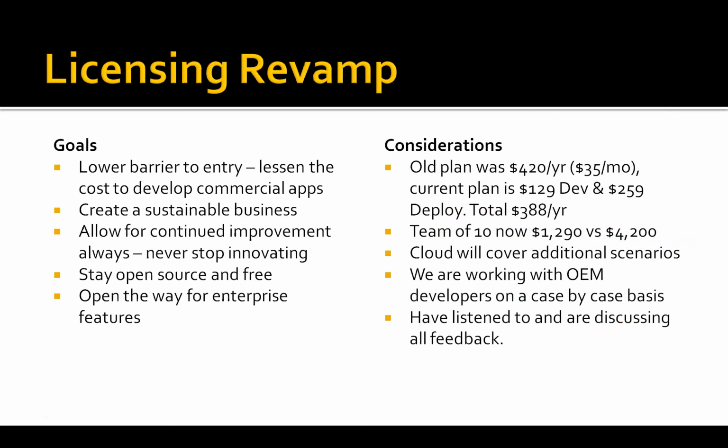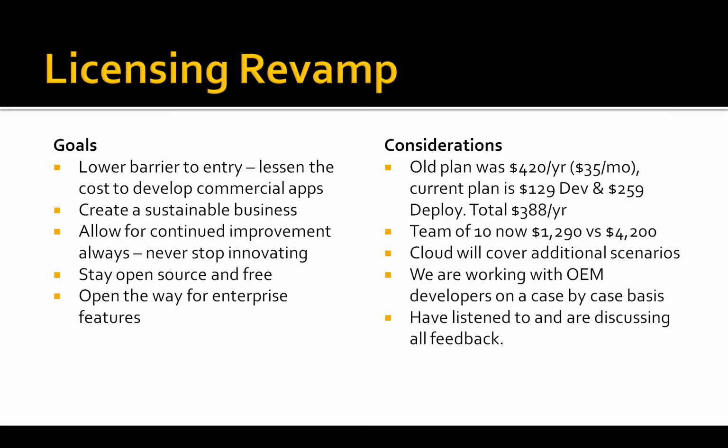So there's been a lot of discussion about our recent licensing revamp, and I think it's important to discuss the goals we had with this retooling. One of the things we really wanted to do was lower the barrier to entry for a developer. We wanted the cost to go down to develop a commercial application.